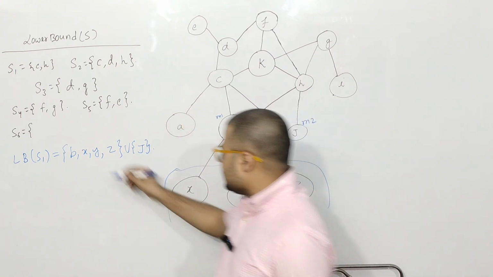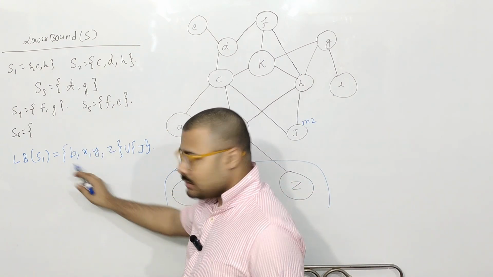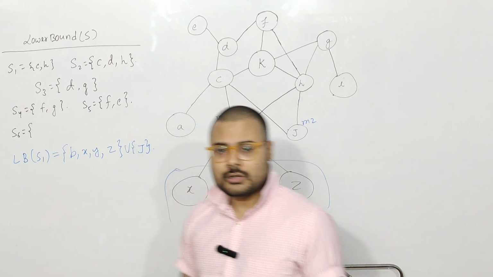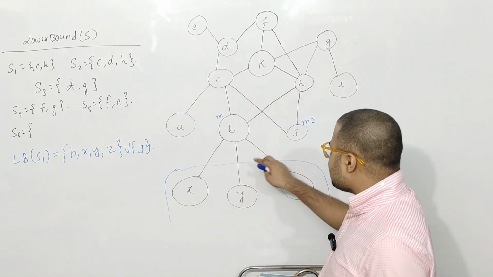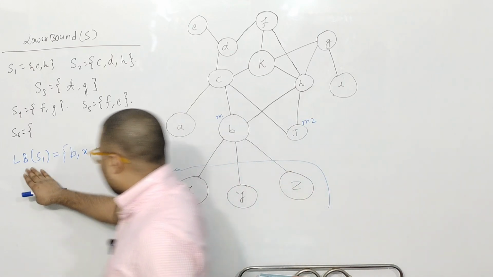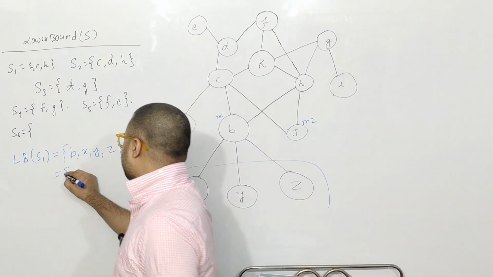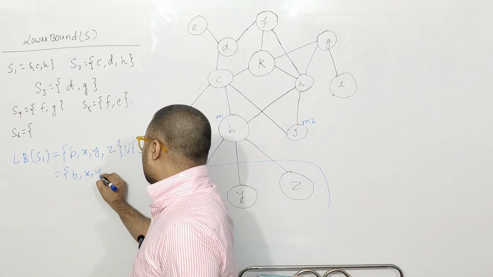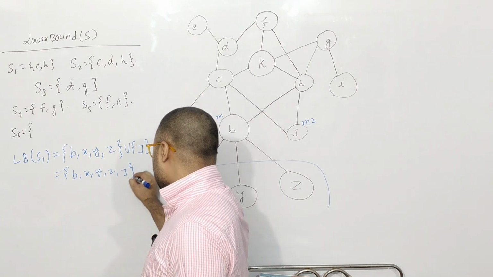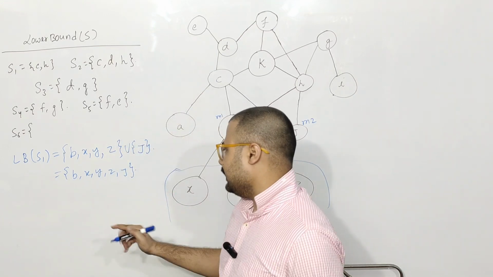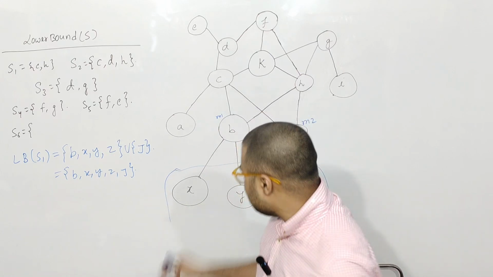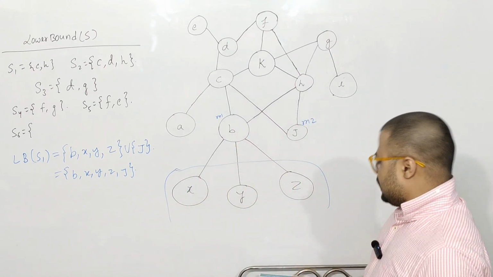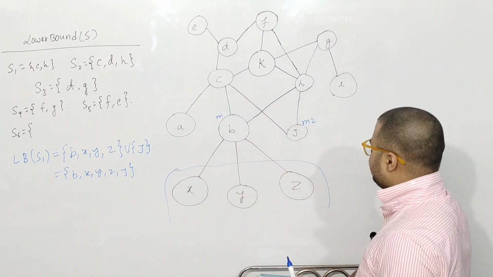Now, as you can see, B is a point of meet and J is a point of meet. So your point of meet is not unique. What does it mean? It means that in your lower bound of S1, which is B, X, Y, Z, and J, you do not have the greatest element.